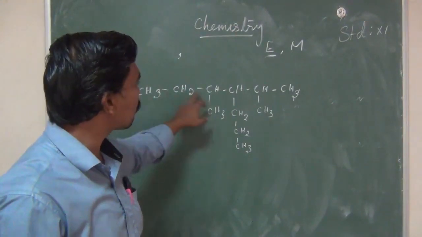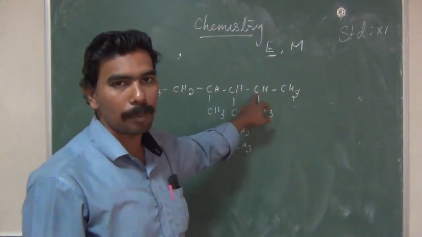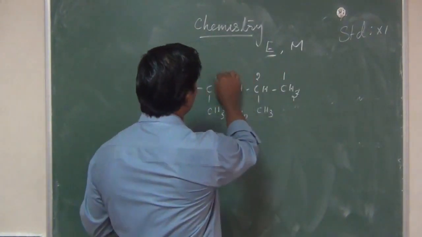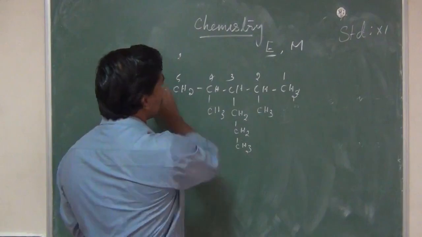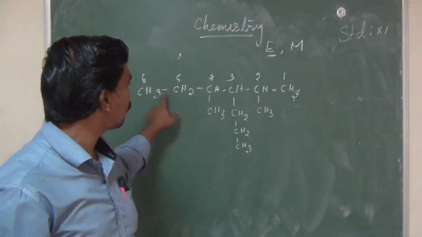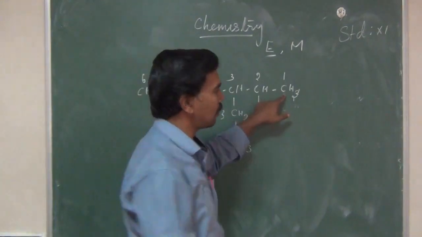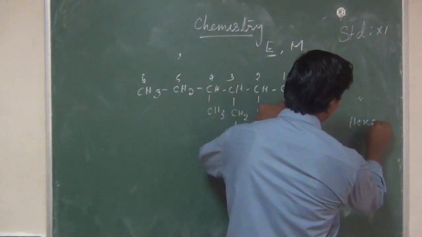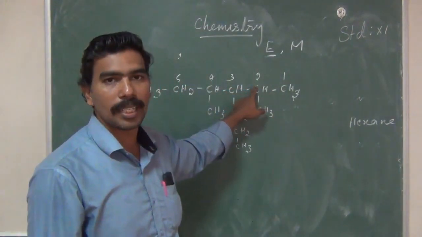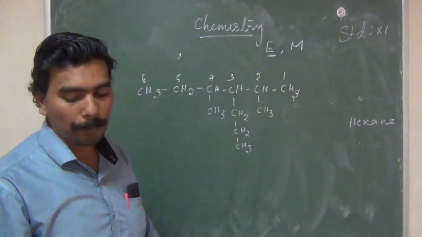When you put the number from right to left, the third carbon atom has the branch group, but here the second carbon has the branch group, so you put the number from left to right. The 6 means hexane. In the previous example we discussed 5 carbon atoms; here there are 6 carbons, so 6 carbons means hexane. The 4th carbon and second carbon contain the methyl group, but the third carbon contains the propyl group.